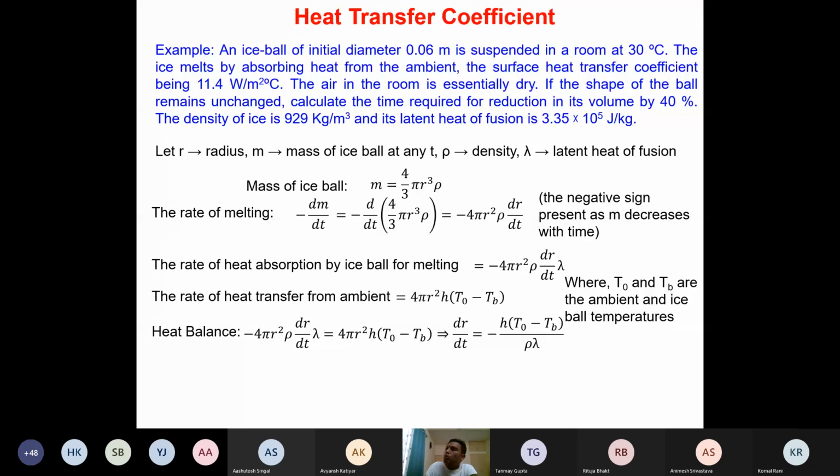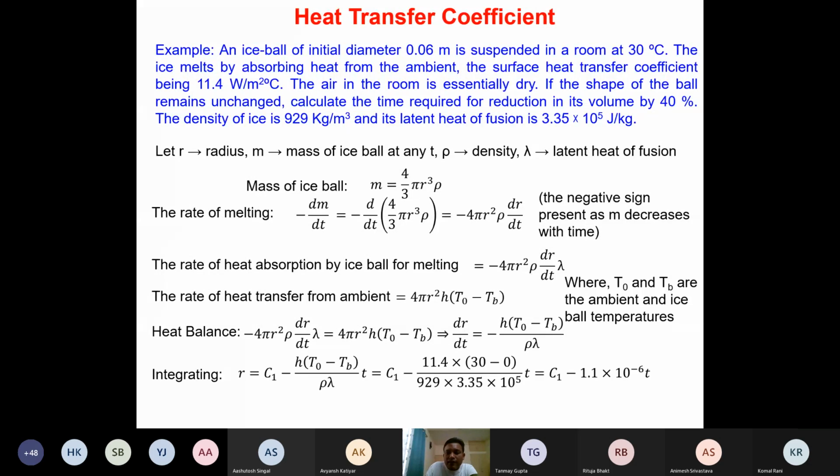Okay, so if you equate both the factors and integrate this equation, what you get is R is given as C1, that is the integration constant, minus h delta T divided by rho lambda, times t. And if you put the values given in the problem, the heat transfer coefficient h is 11.4.